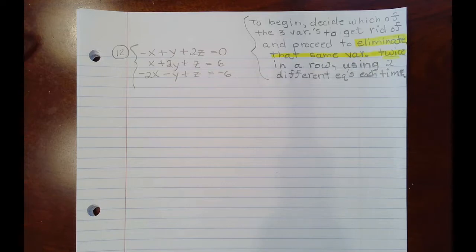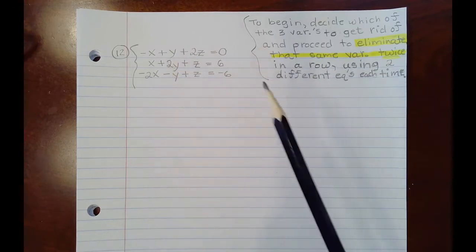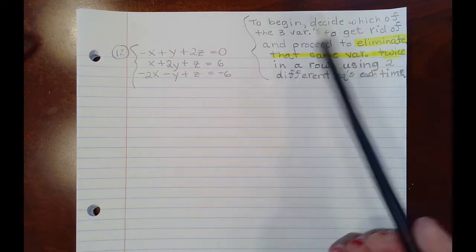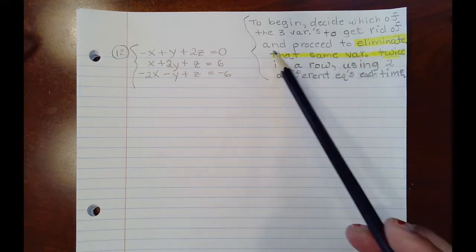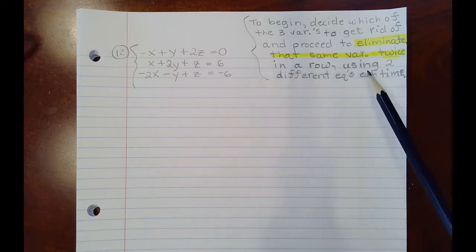So what you're supposed to decide by analyzing the 3 equations is which variable would be easiest to get rid of. And you're supposed to stick to that plan twice in a row. Decide which of the 3 variables to get rid of and proceed to eliminate that same variable twice in a row using 2 different equations each time you get rid of that same variable.